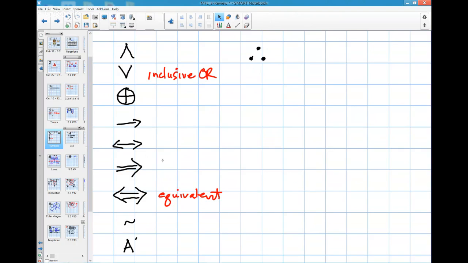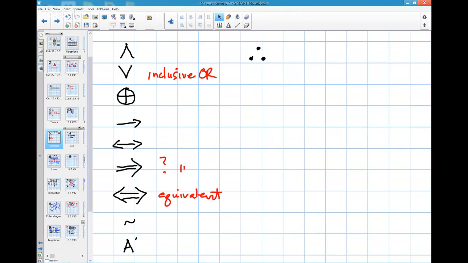What about this one? Anyway, no, it's the symbol for implies.